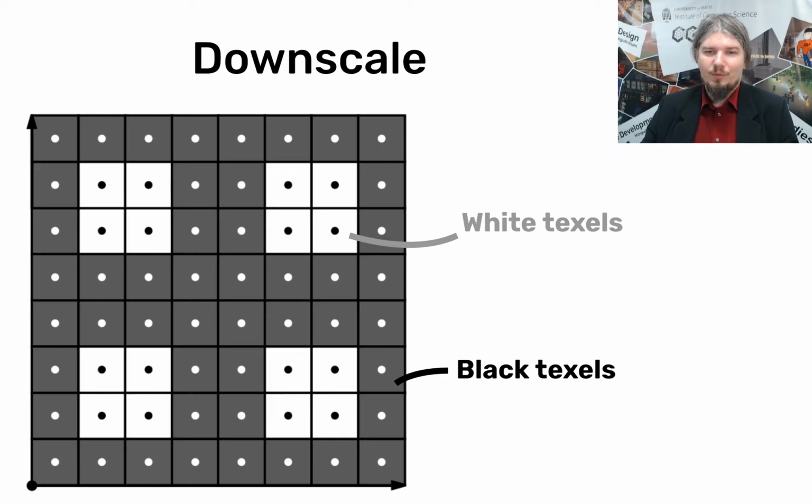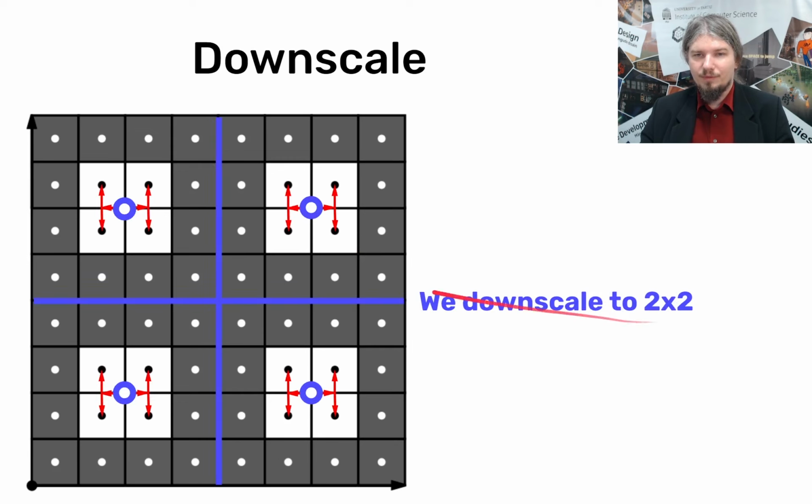Let's say we have this kind of a texture where we have black texels and we have white texels. Most of the image consists of black texels, but there are some white spots in the image as well. So if we would now downscale to 2x2, the sample points would end up here, and the 4 neighbors of those sample points would be all white texels.